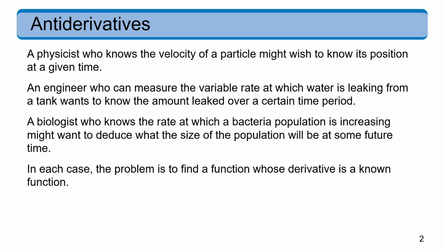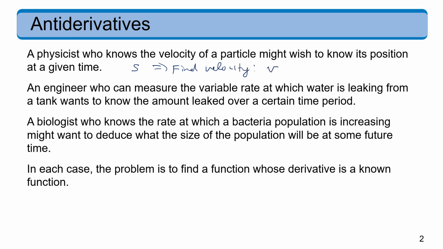Here's some examples of situations where taking an antiderivative could be helpful. The first one says a physicist who knows the velocity of a particle might wish to know its position. This is the backwards problem that we've seen before with an object in motion, right? We saw before that if you start with s, the position, you can find the velocity by taking its derivative.